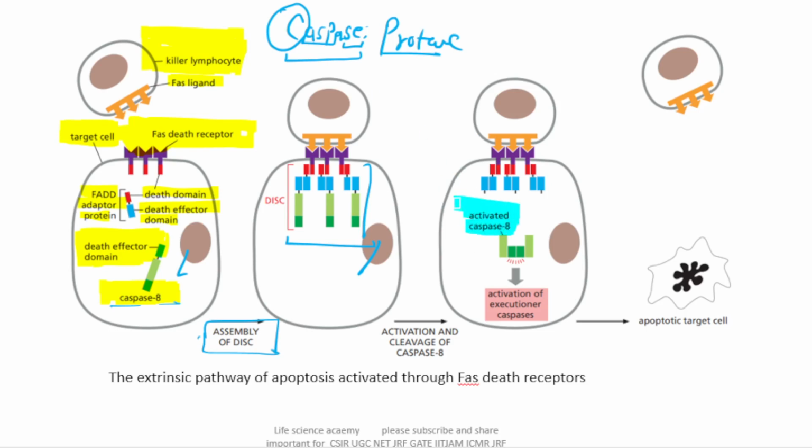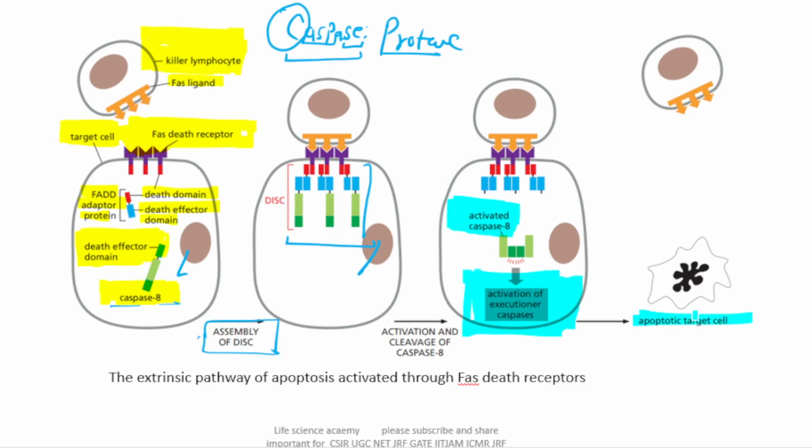The activated caspase then activates the executioner caspases. Now what is an executioner caspase? Caspases 3, 6, and 7 are the executioner caspases, which will initiate the apoptotic pathway of the target cell.